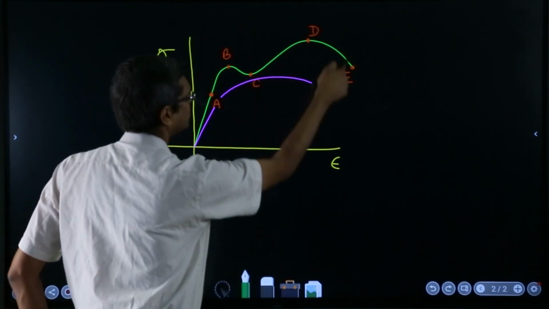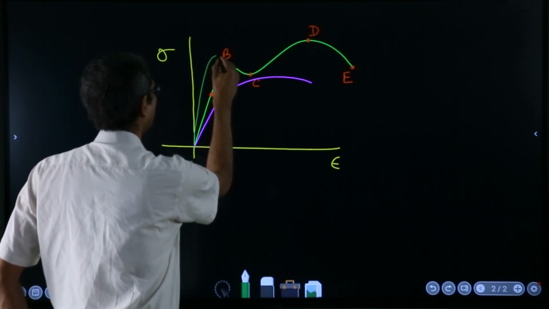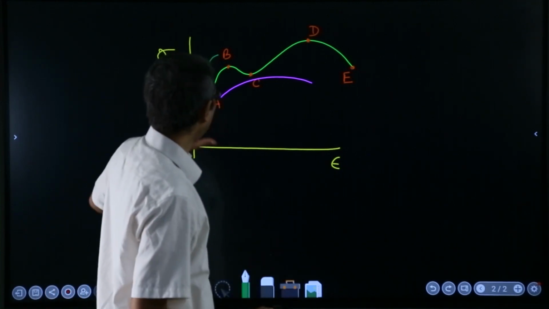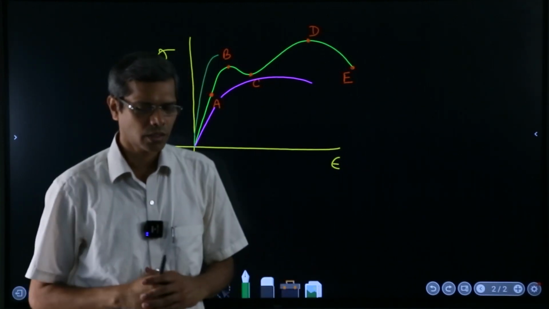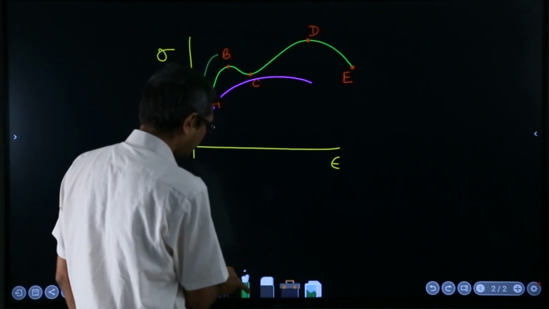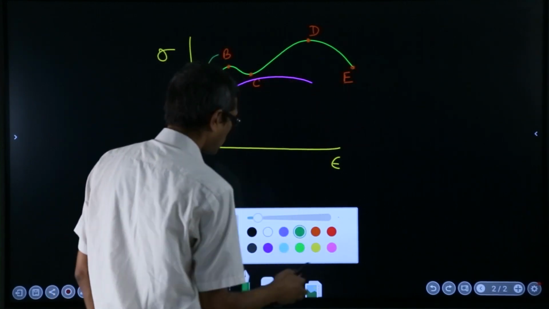They don't have such phenomena, so they will just go like that and fail somewhere. But for this course and the subject we are dealing with, we are not bothered about anything happening in such a complex way.